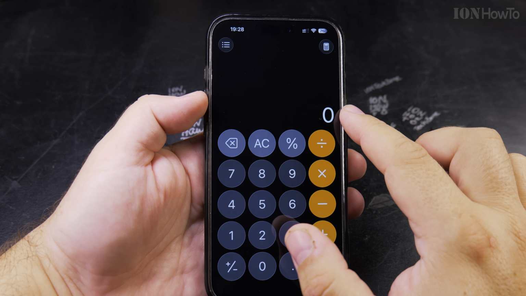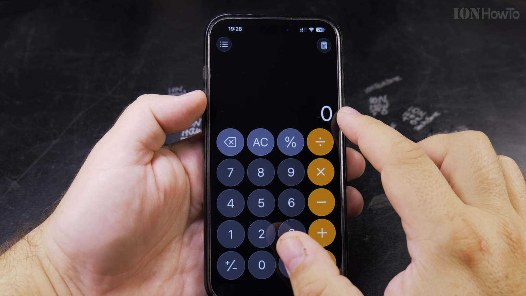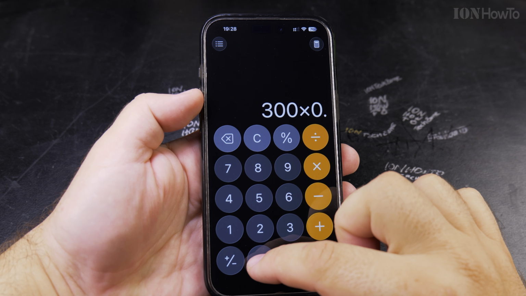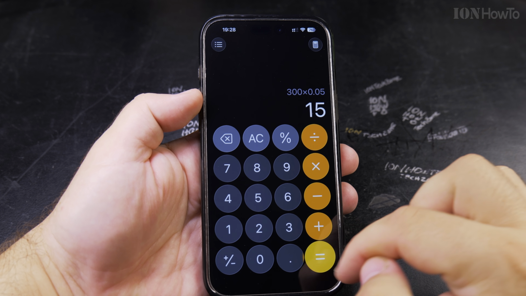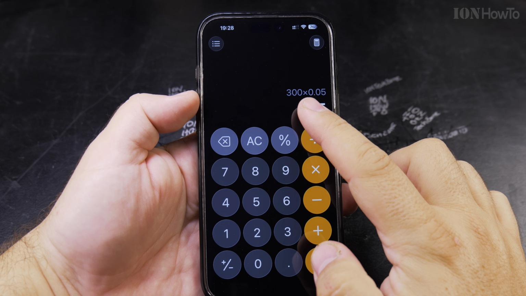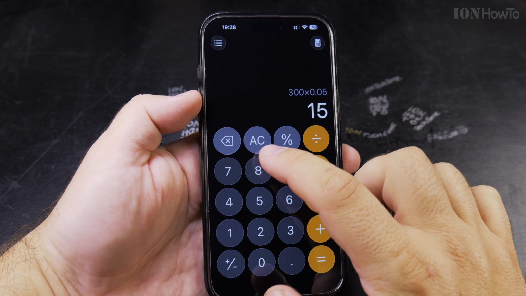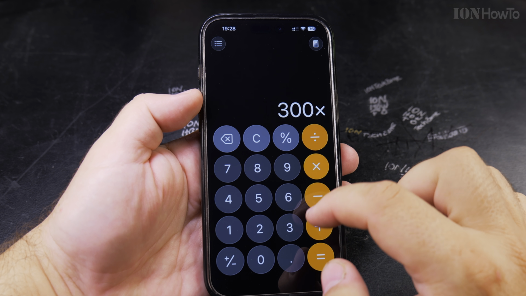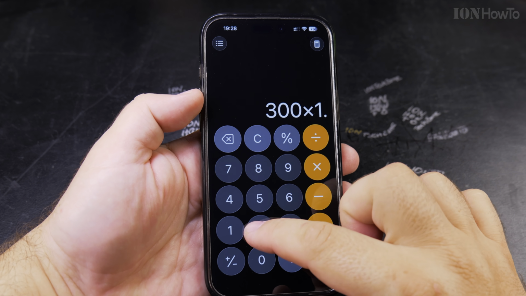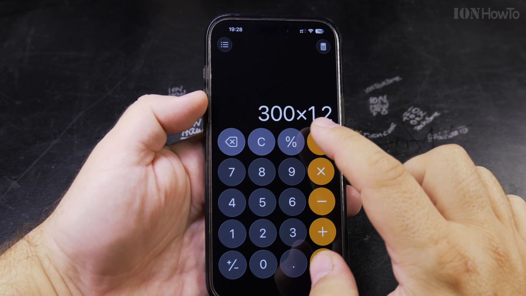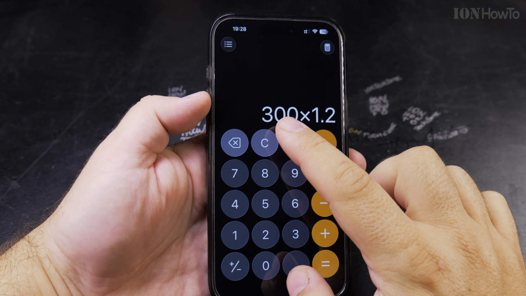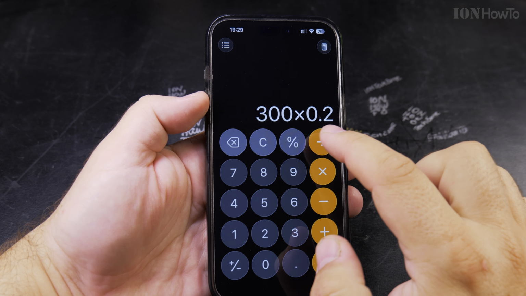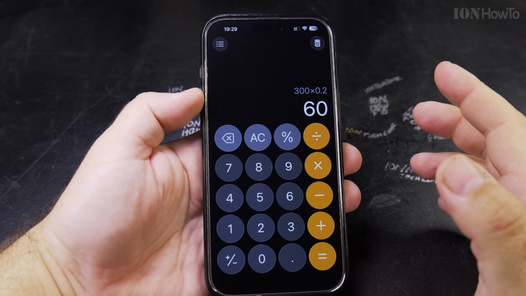And if I want to get only the amount that I want to see, only the percentage, it's also very easy. Multiply by 0.05 for 5%, I get 15. So I remove the 1, I only put the difference there. So I put 300 multiplied by 1.2 to get the original amount plus the percentage, or 0.2 to get only the percentage, the difference, the 60.